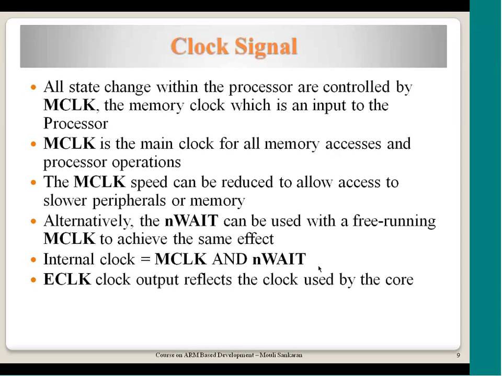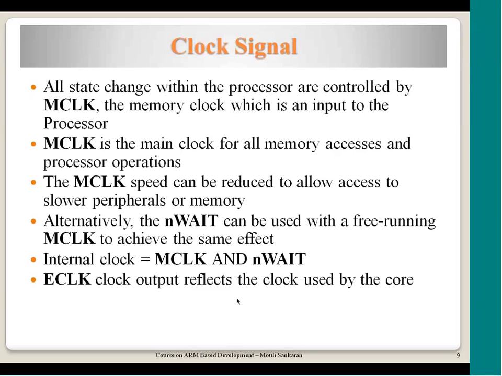So if you want to stop or stall the processor, make nWAIT low when the MCLK is low, and keep it so as long as needed. Whenever you want the processor to run again, you make nWAIT high, and then when MCLK becomes high, the processor starts running.